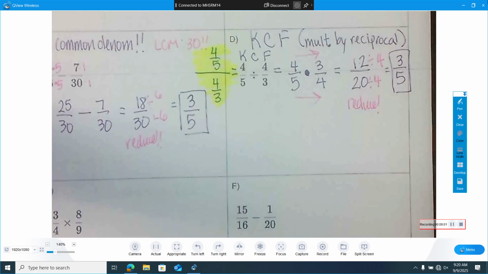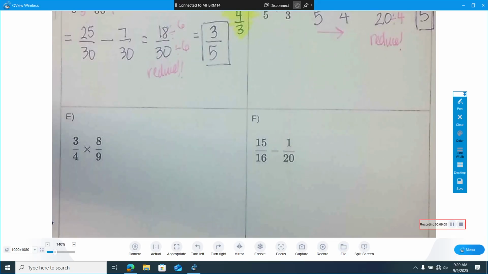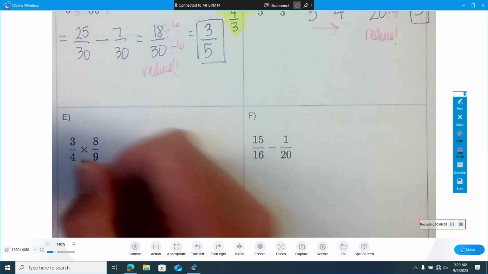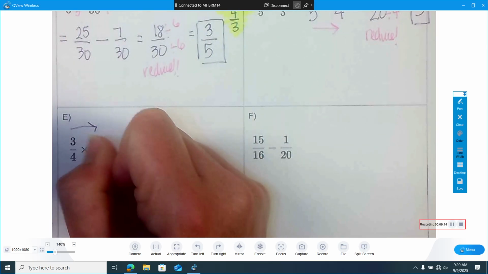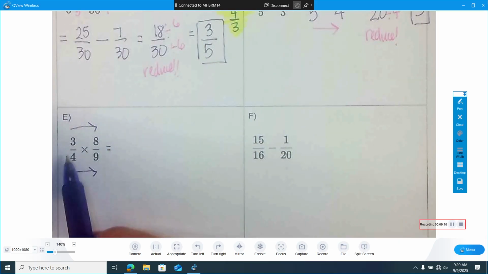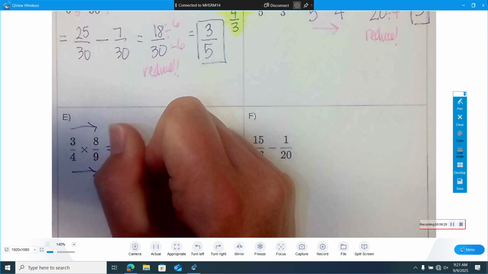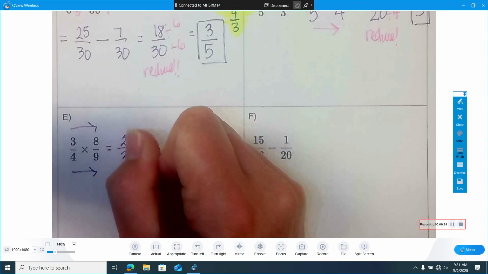All right. Let's do 2 more. Letter E. We're doing some multiplication. How do we multiply? Straight across. 3 times 8 is 24. And 4 times 9 is 36.